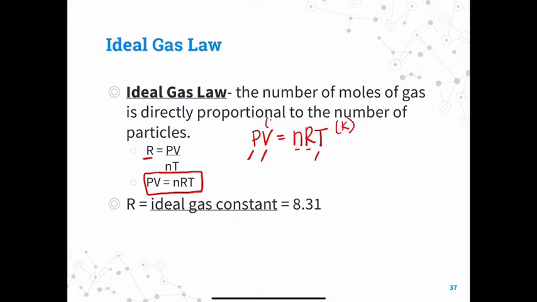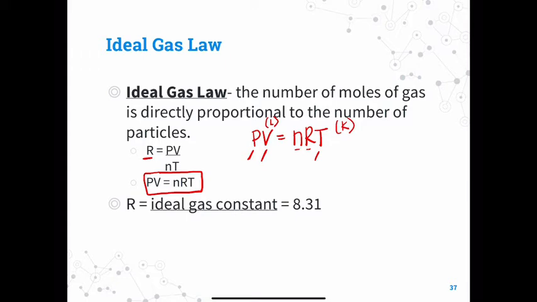And I'm also going to write an L up here because that has to be in liters. Sometimes in the past, with some of our other calculations, we were able to use the volume in milliliters so long as both volumes were in milliliters. But that's not true for this. We have to make sure we are in liters for these ideal gas law calculations, okay?